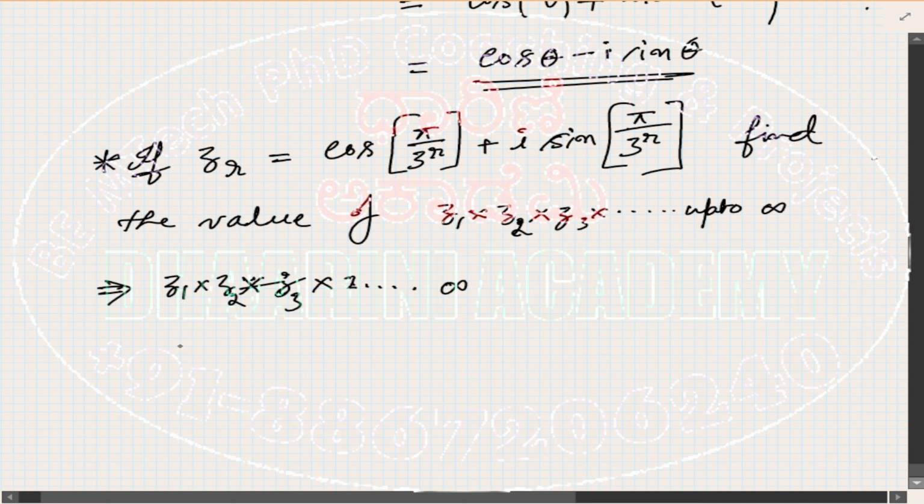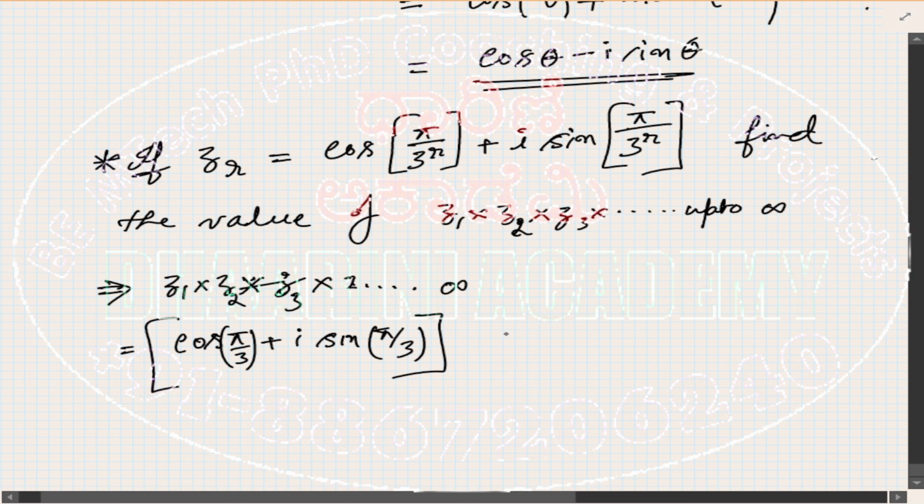This is equal to z1, which is cos pi by 3 plus I sin pi by 3, the first term.